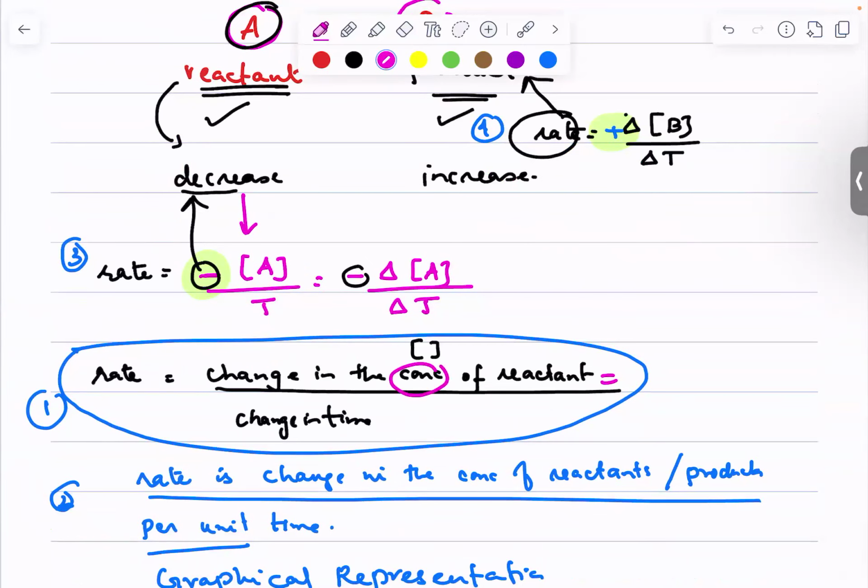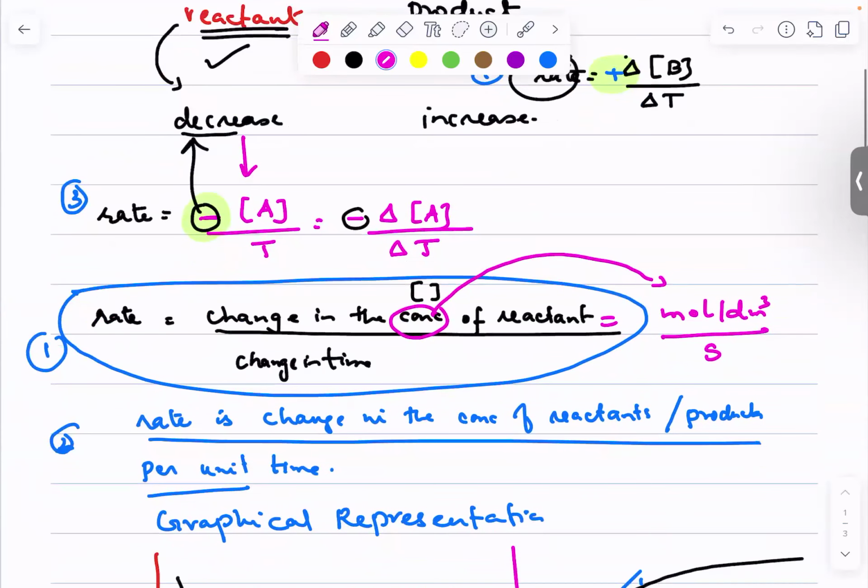So the concentration has a unit, mole per decimeter cube, and time has a unit, second. So what would be the unit of rate? Bring it up, it becomes mole dot dm minus cube dot s minus 1. So this is the unit for the rate.